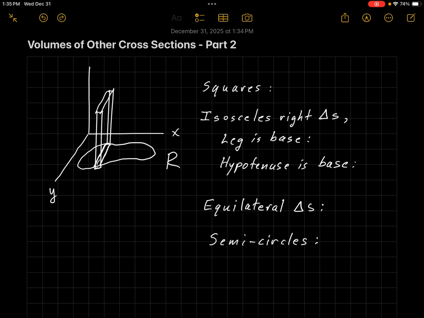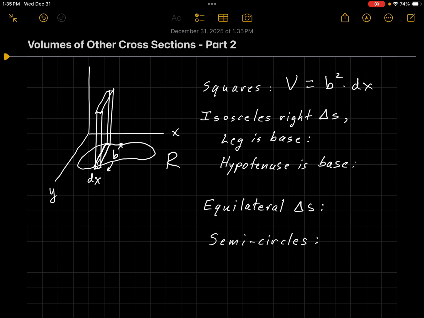So for a reminder, if our cross-sections are squares, then the volume would be base squared times dx, where b, the base, is that length, and dx is the very small width of the cross-section.